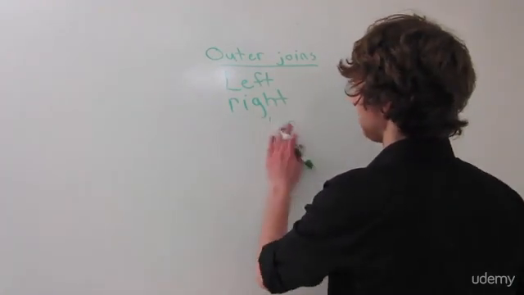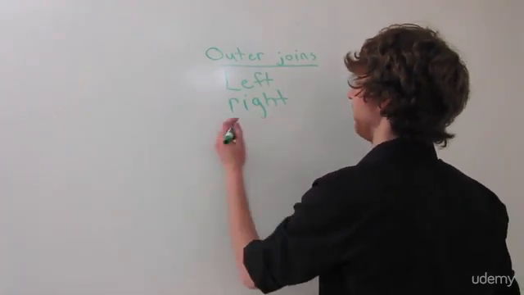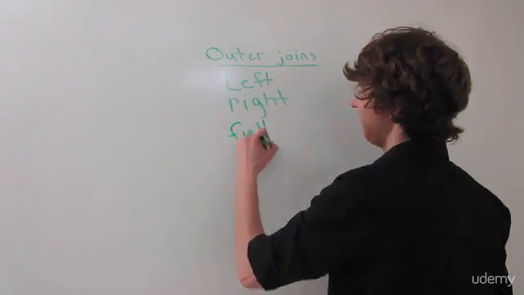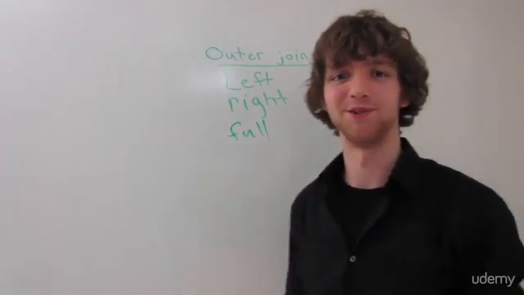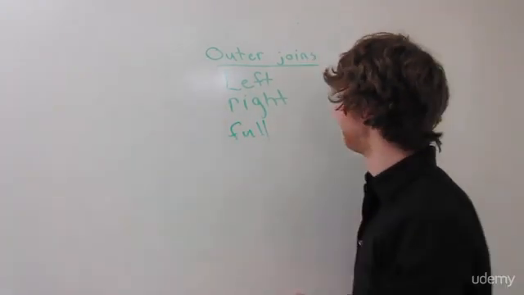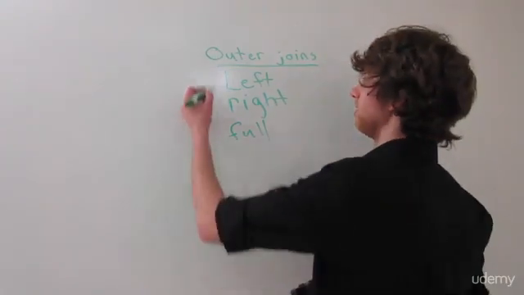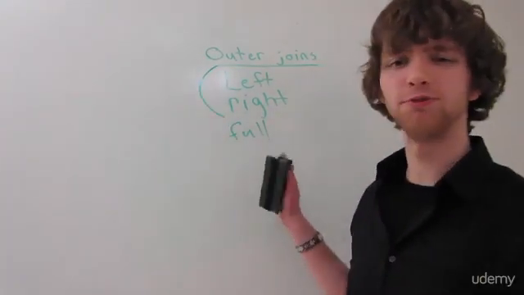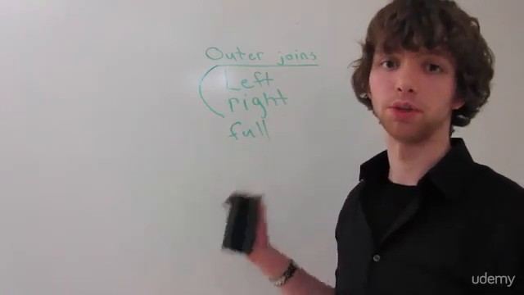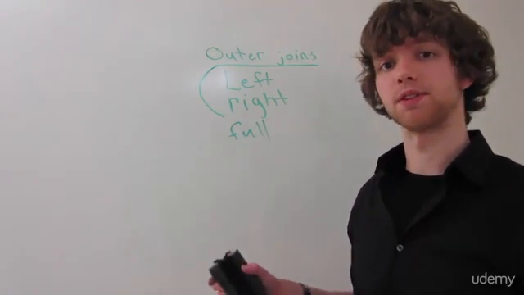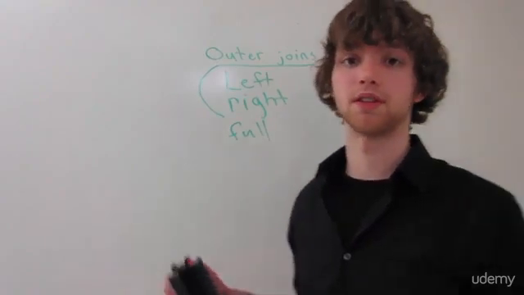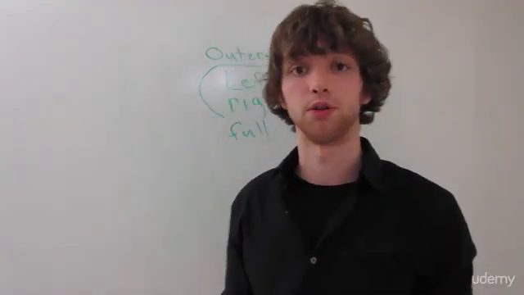Ugh, I meant to write full outer join, excuse me. We're going to be discussing these two right off the bat, and full can be a little more complicated for some database management systems, so we'll probably discuss that a little farther down the road, hopefully.